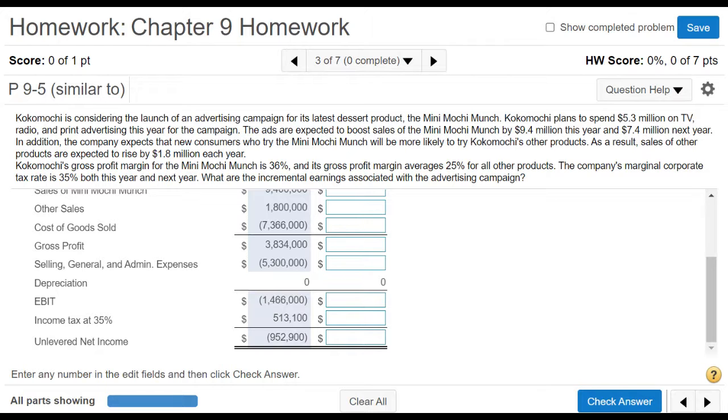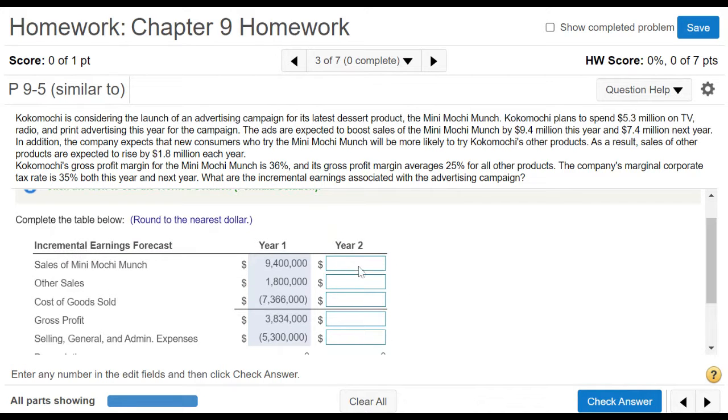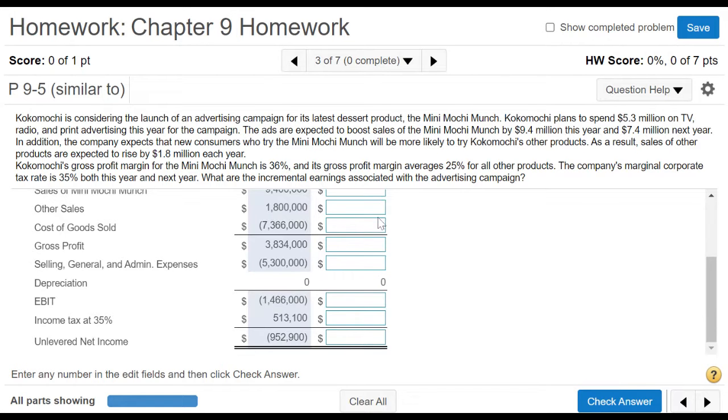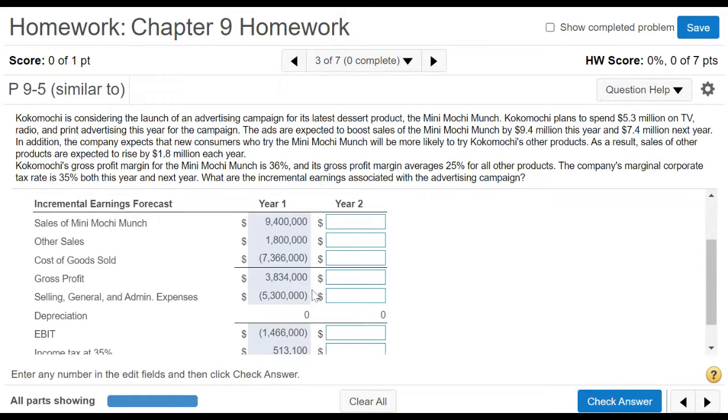Don't get cute. Now the other ones don't have it, right? The other ones don't have it. So everybody get this? You do the same thing on this side that we just did here. The only thing that this one doesn't have is any expenses.